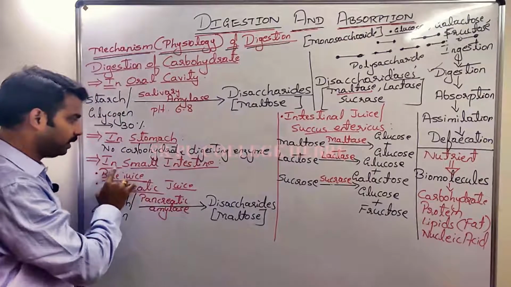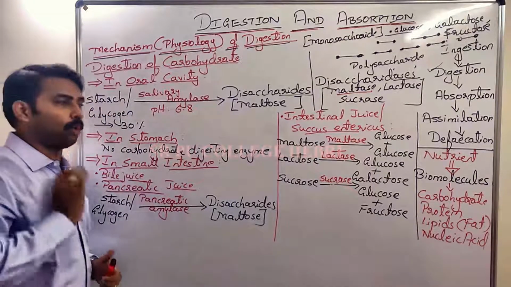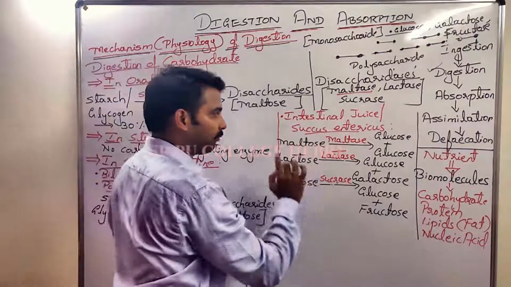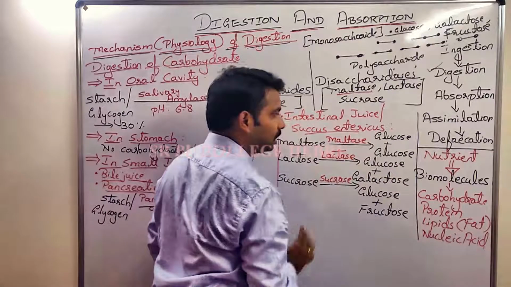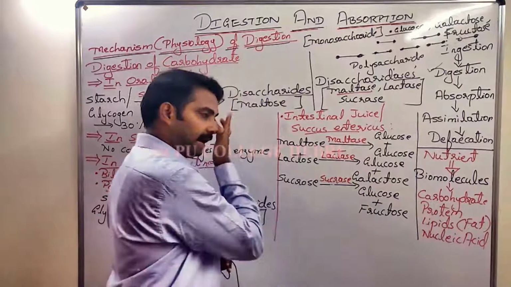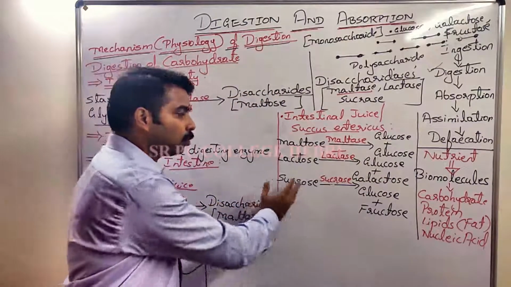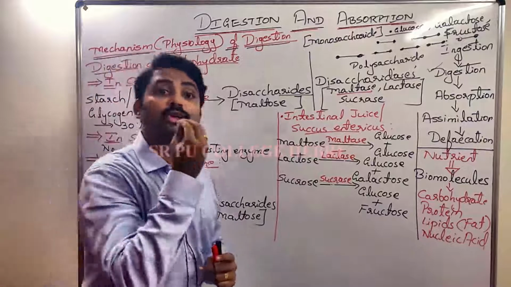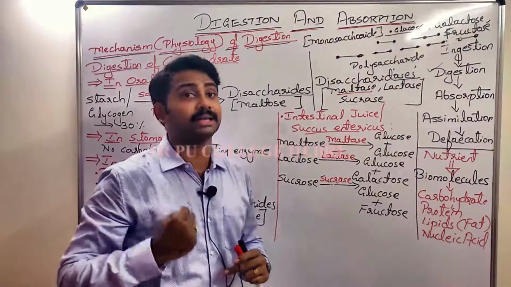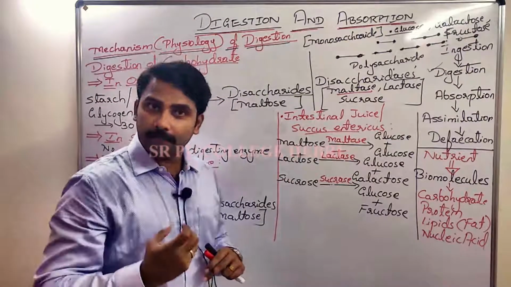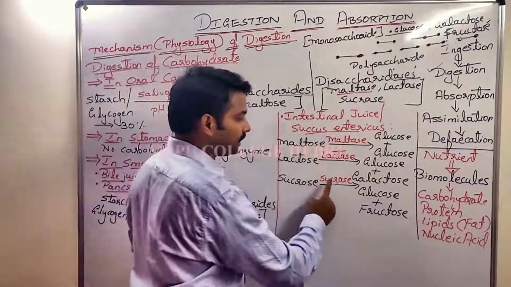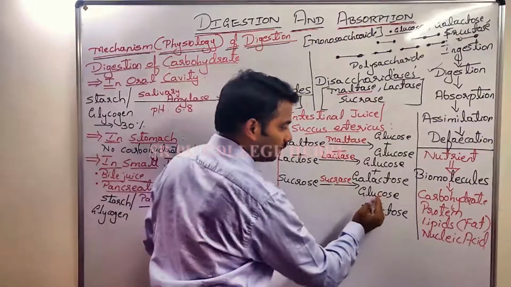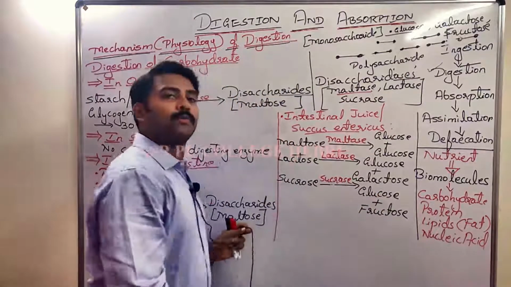No. It occurs only in the small intestine. In the presence of intestinal juice, lactase breaks it down into what? Glucose plus galactose. Whereas sucrose, where will we find it? In normal table sugar or kitchen sugar, jaggery, even in sugar cane and many other foods. Sucrose in the presence of sucrase is converted to glucose plus fructose.